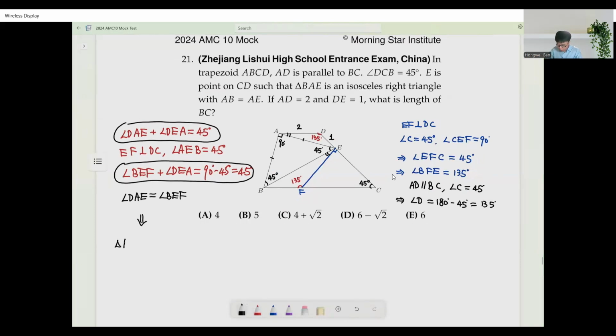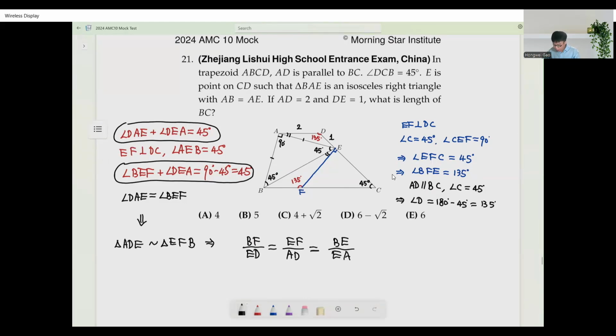Triangle ADE is similar to triangle EFB. Since they're similar, corresponding sides are proportional. So here we have BF over ED equals EF over AD equals BE over EA.